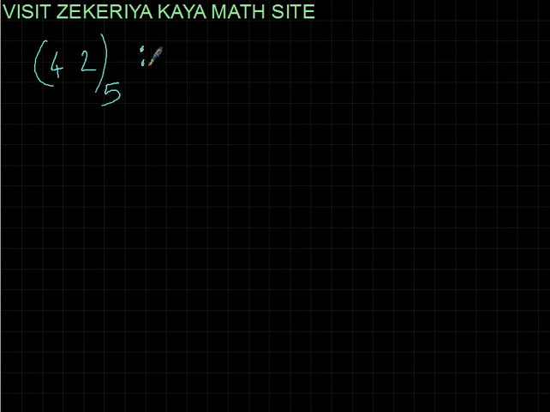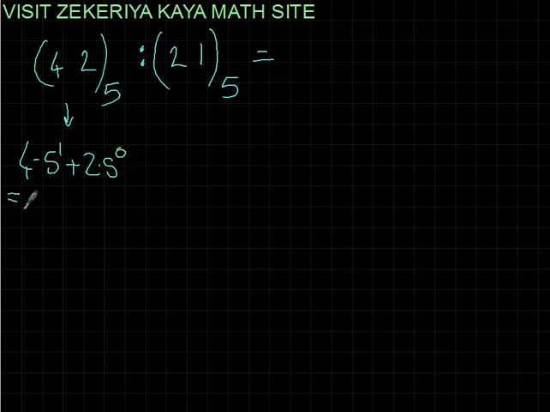Divided by... If you have this kind of division, firstly you will convert each number to base 10. This one will be 4 times 5 power 1 plus 2 times 5 power 0. If you calculate it, 4 times 5 plus 2 times 1. 4 times 5 is 20, 2 times 1 is 2, it will be 22.